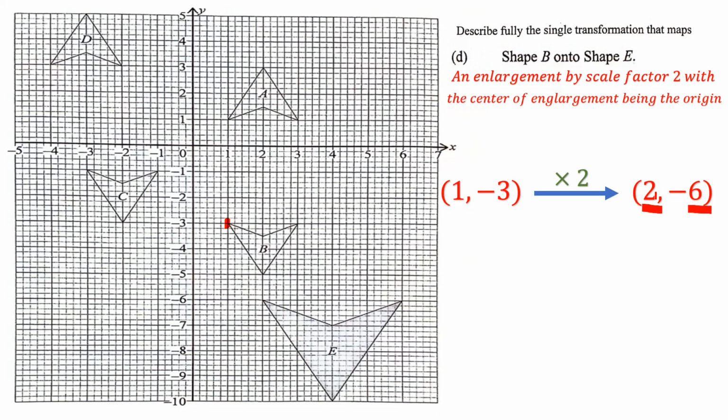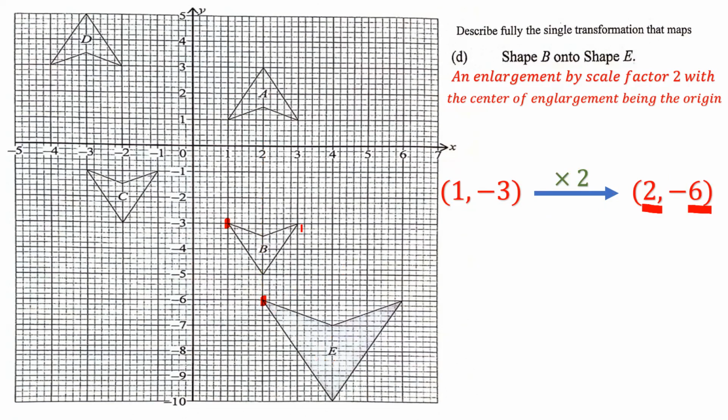And so we have the coordinates (2, -6). That's this point right there. And so it is an enlargement by scale factor 2, because if we took this point and multiplied it by 2, we get (2, -6), which is exactly the point on E.